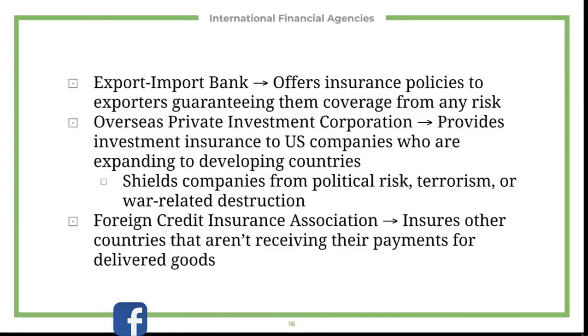So let's talk about international financial agencies. The first one is an export-import bank. These guys offer insurance policies to exporters that guarantee them coverage or protection from any kind of risk. And then we have our Overseas Private Investment Corporation. These guys provide investment insurance to US companies that are trying to expand to other developing countries.